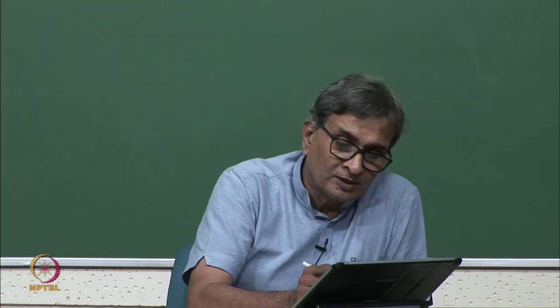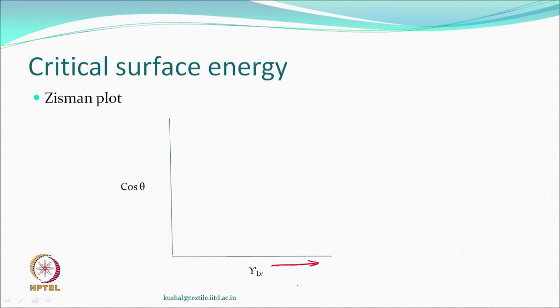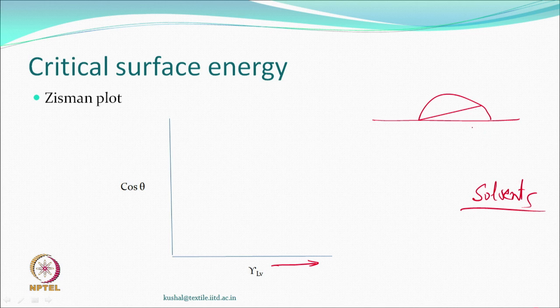So, what they did was, let us say you take different solvents which have different surface tension values, and you remember your Young and Dupre equation, where a drop in an equilibrium state takes a certain shape, and you have this contact angle which is theta, and cos of that theta is what they plotted.